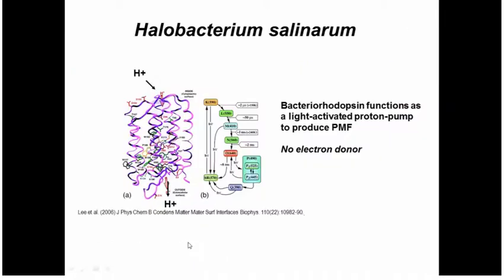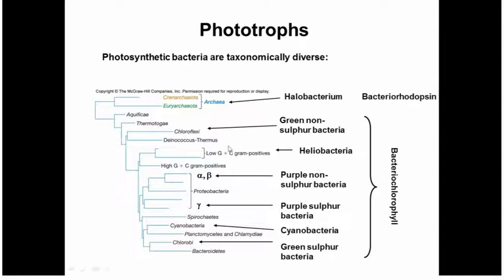That explains why you've got these diverse types of bacteria that are photosynthetic. So lateral gene transfer is considered to be the most likely explanation for this distribution of photosynthesis.